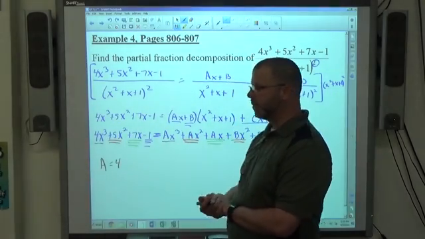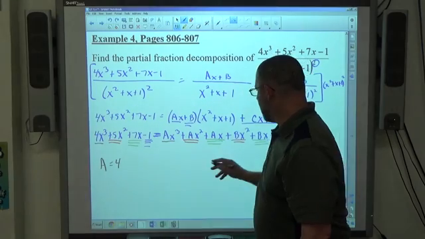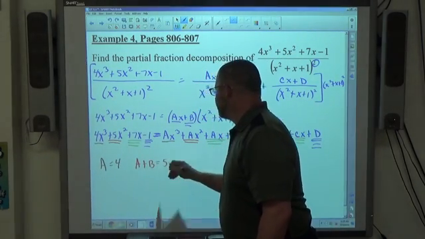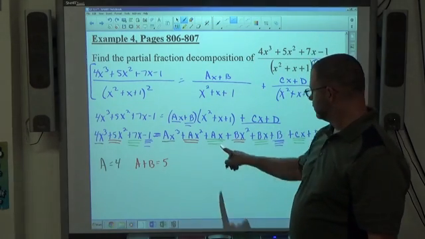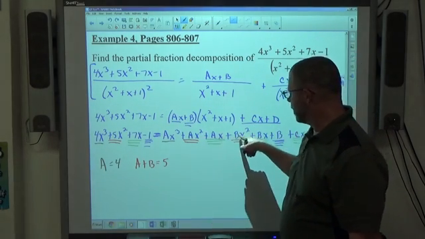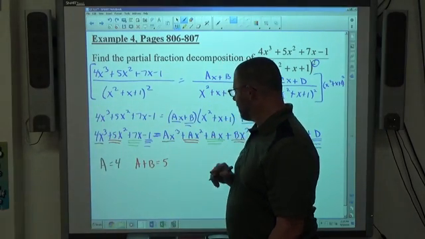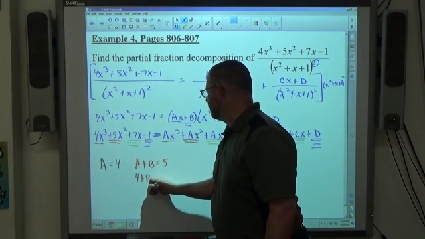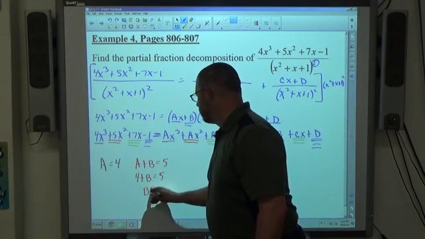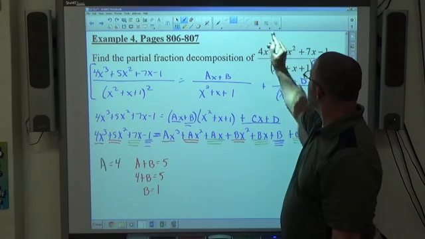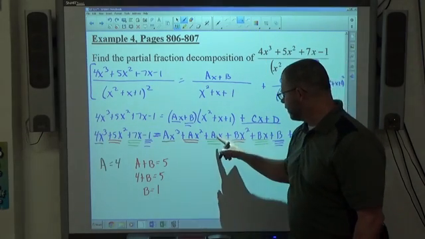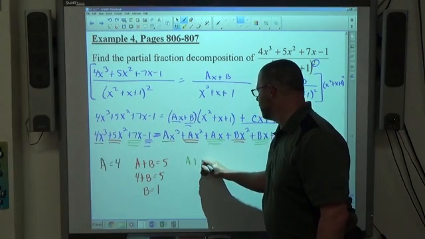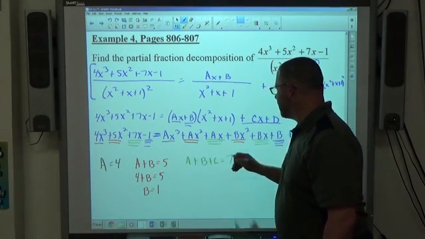No way around that. Looking at the red ones, I can see obviously that a plus b has to equal 5, right? Ax squared and bx squared, the 2 x squared objects have to add up to 5x squared. A and b have to add up to 5. We just figured out a is equal to 4, so that means 4 plus b is equal to 5, which means b therefore has to equal 1. Moving on to my next fact, I can see that ax, bx, and cx are making 7x, so I know that a plus b plus c has to equal 7.